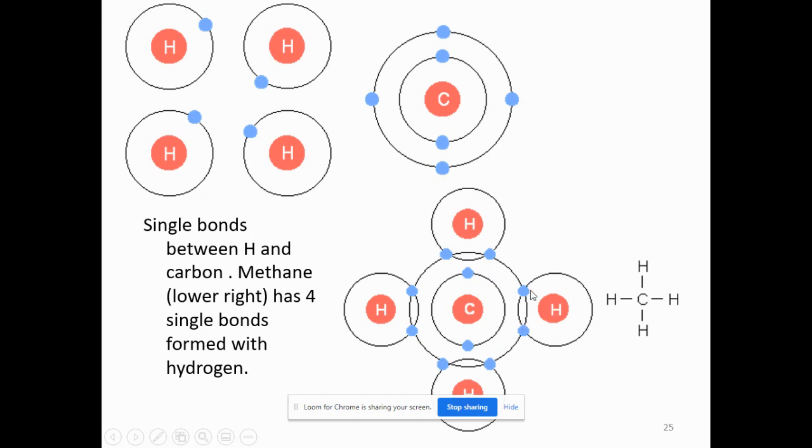Okay, and they are sharing these electrons. All right, and what does that do? You see these electrons. These 2 electrons complete hydrogen's outer shell, and they also help complete the outer shell of carbon.